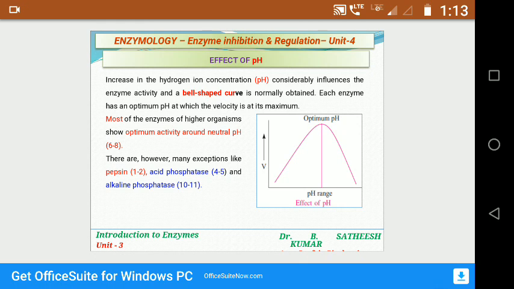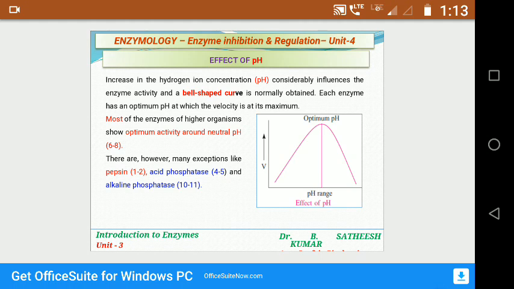Therefore the activity also will be affected by the pH. Just like the temperature, pH also influences the activity of the enzyme. At optimum pH range, most of the enzymes are very active, and below or above that pH level, the activity of the enzyme will drastically decrease.